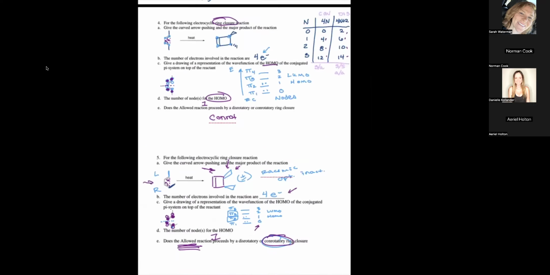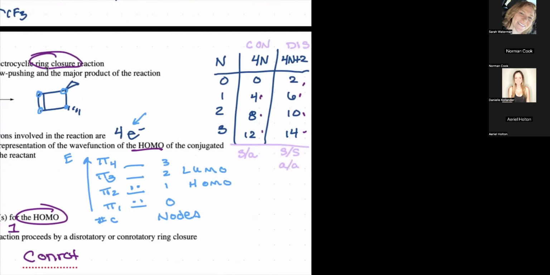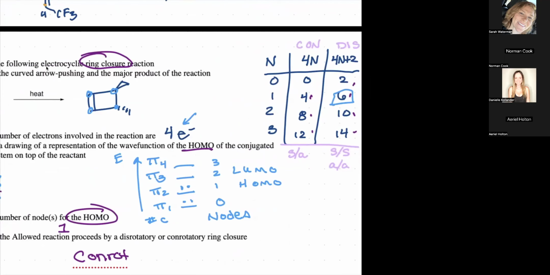Okay, so another way to think about this, like I had said, all the way back up here, is that if you have your electrons, remember that if it's disrotatory, it's going to be supra-supra or antara-antara. So if it's a 4n plus 2 system, which means 2, 6, 10, 14, it's supra-supra, antara-antara, right?